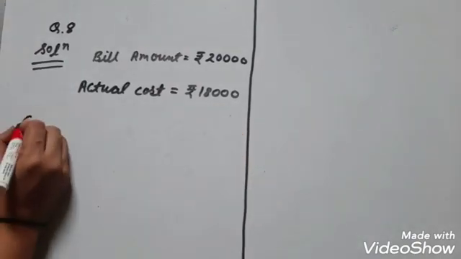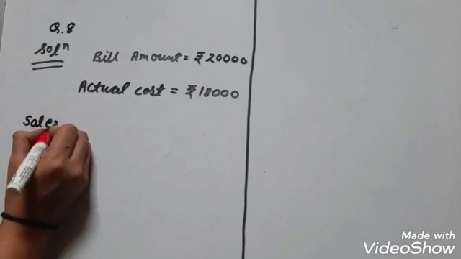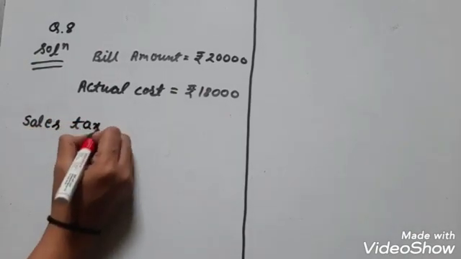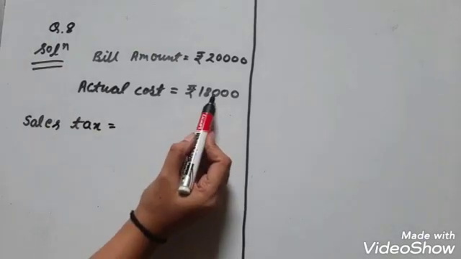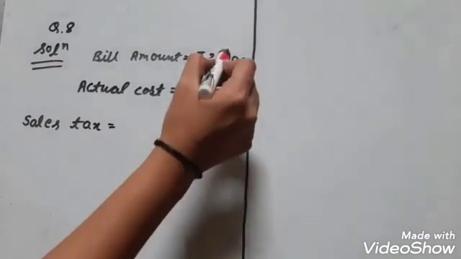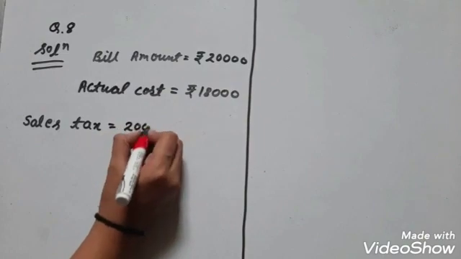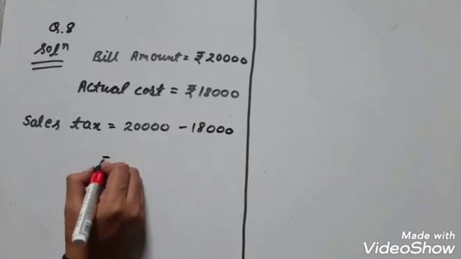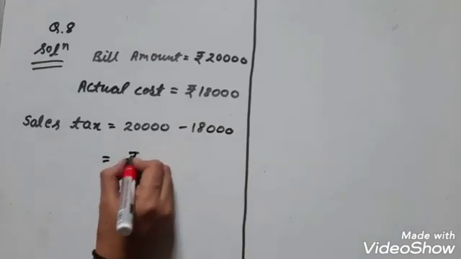So what is to find? First, we are finding the amount of sales tax. So for that, what to do? We have to subtract the actual cost from the bill amount. So 20,000 minus 18,000. So how much sales tax is there? Rupees 2,000.